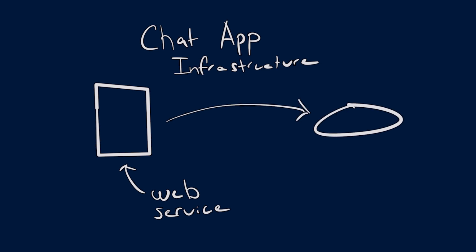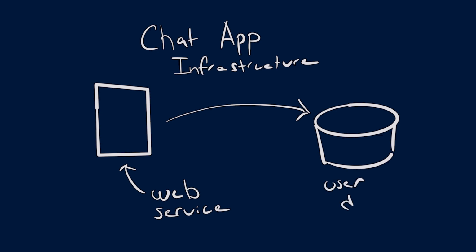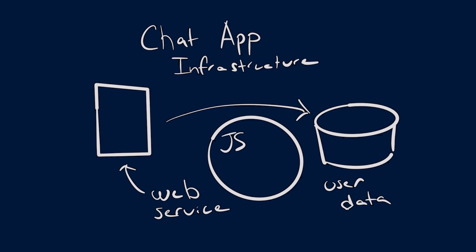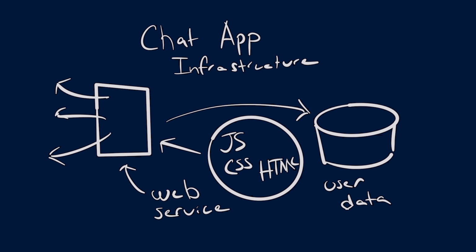You're now responsible for managing a persistence layer that's safe and secure and meets users' expectations related to their data. And if there's an opportunity where your app needs to render content, you're likely going to need to whip up some CSS and JavaScript to ensure that the content you render looks nice and works the way users expect it. With Forge, you're able to let Atlassian start doing some of the hard work for you. Let's take a look at how.